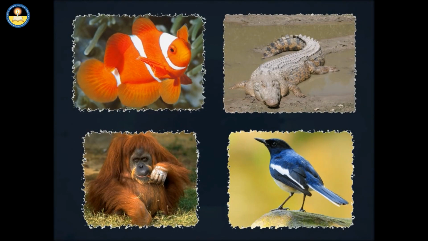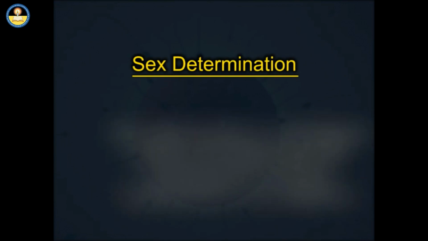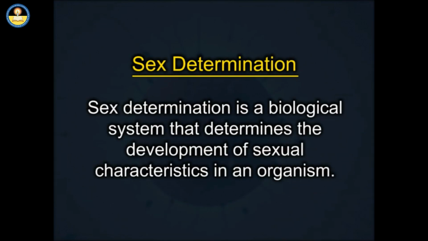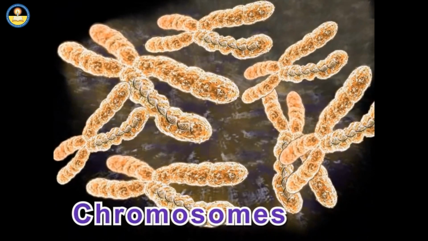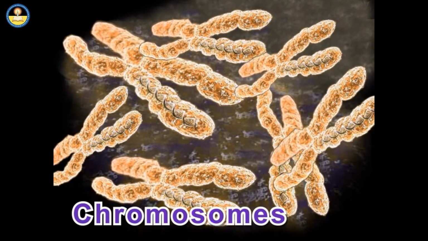So, nature has different ways to make living species male or female. Sex determination is a biological system that determines the development of sexual characteristics in an organism. To learn about this system, let us discuss chromosomes.